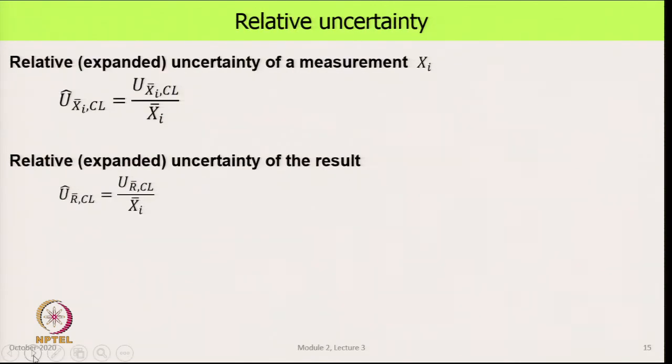There is one more variant which you often find reported, and which often makes a lot of sense and gives a very quick feel for things, which is called the relative uncertainty.